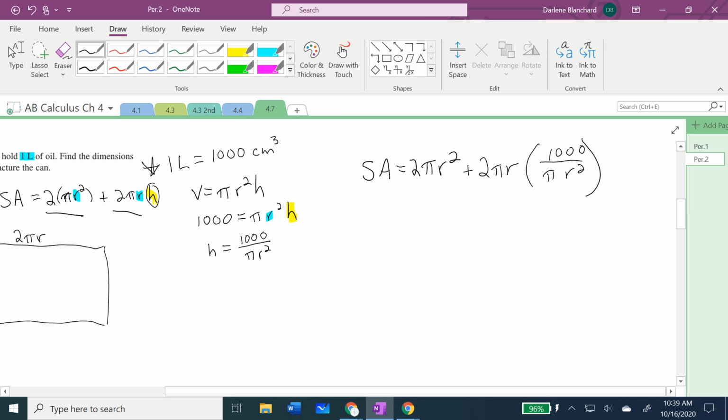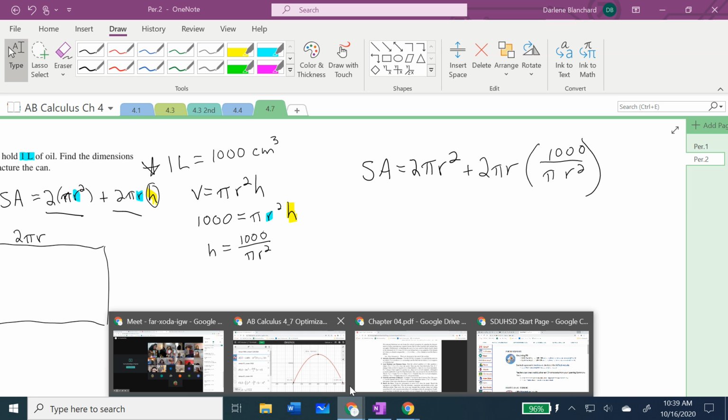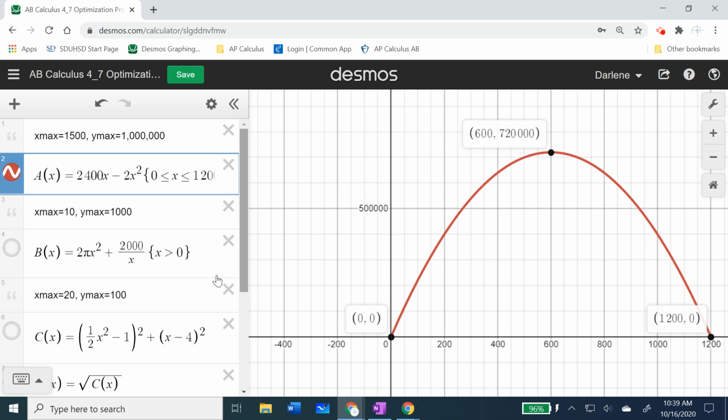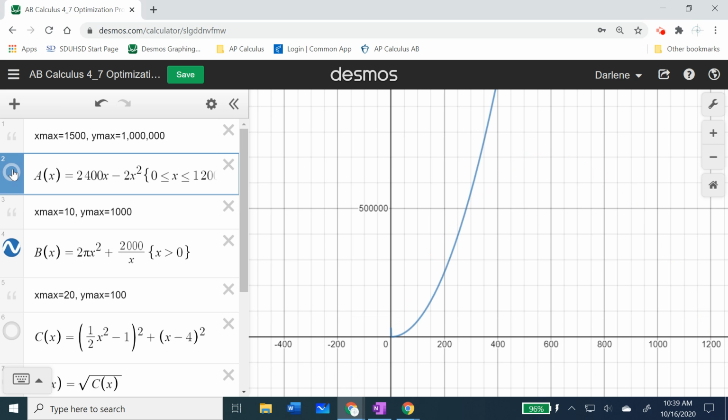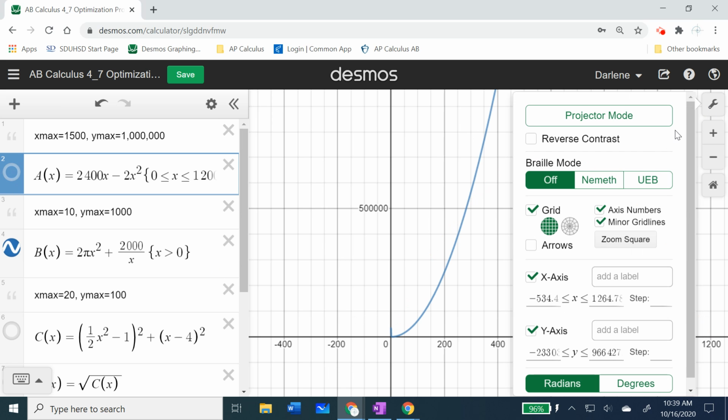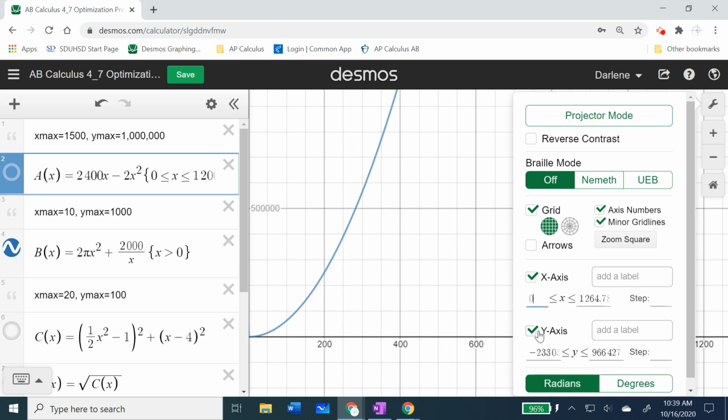I now have a formula for surface area with respect to one variable. Now, we can take a look at the graph that this creates. And I have reminders of what to change my settings to be able to see this one.